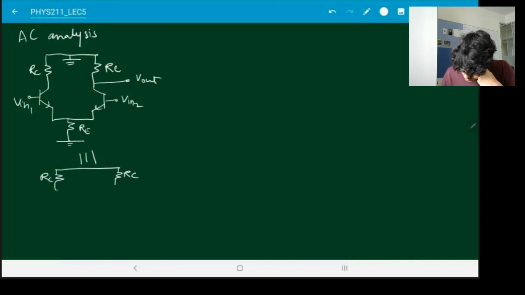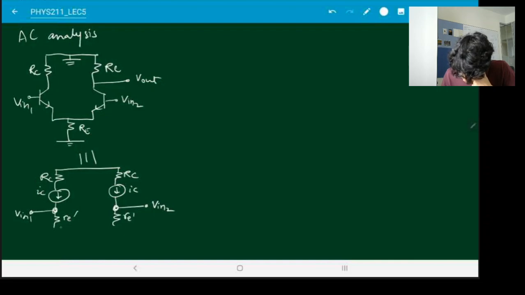Now for this transistor, let's put one IC, RE prime. Same on this side, IC, V in, RE prime. And over here you would put an RE, and there is a minus VEE, which is a DC source.